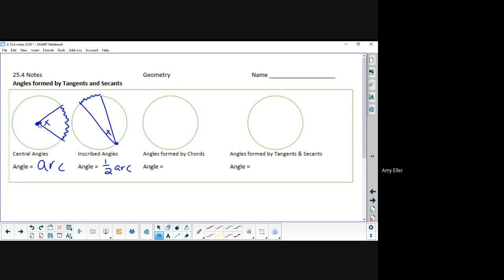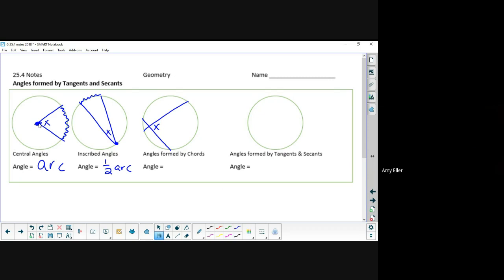Yesterday we learned angles formed by chords. The vertex of the angle is somewhere in the circle but not at the center. So here's an example. Maybe I draw this chord and this chord. This is the angle I'm referring to.